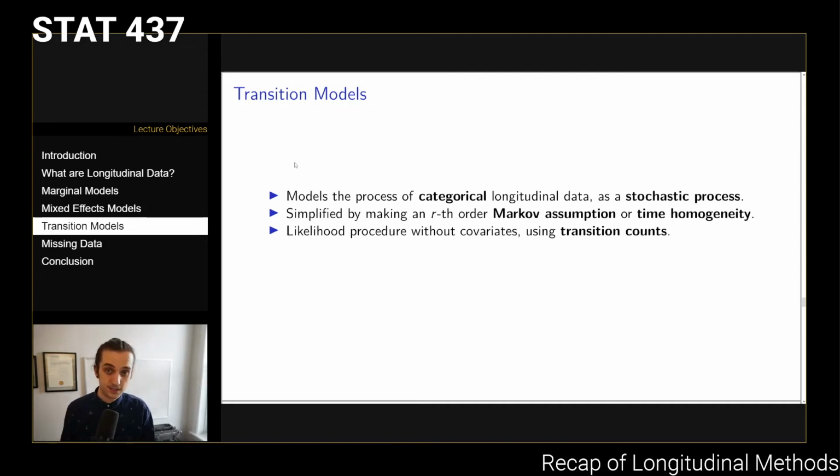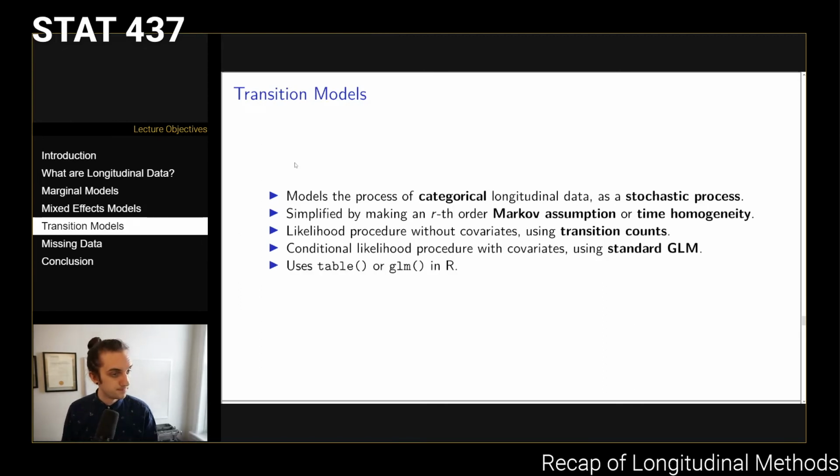We can fit this using a likelihood procedure without covariates, and that just let us make our estimates based on summary tables of the data, right? If we knew how many transitions were going between the states at the different times, then that lets us estimate this through maximum likelihood. And if we wanted to include other covariates to modify those transition probabilities, we can do that using standard GLM.